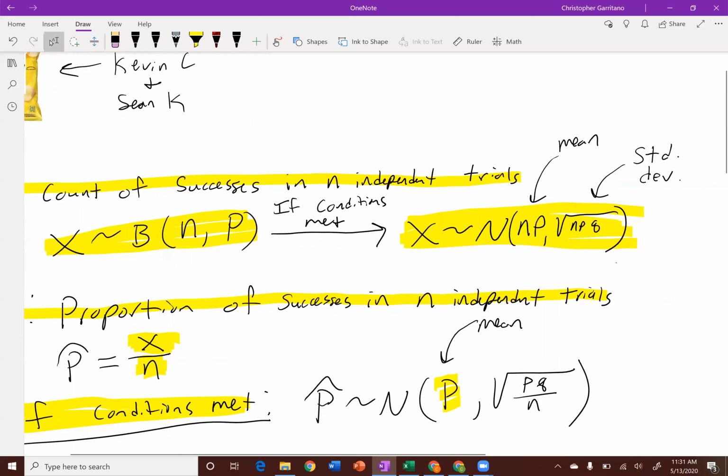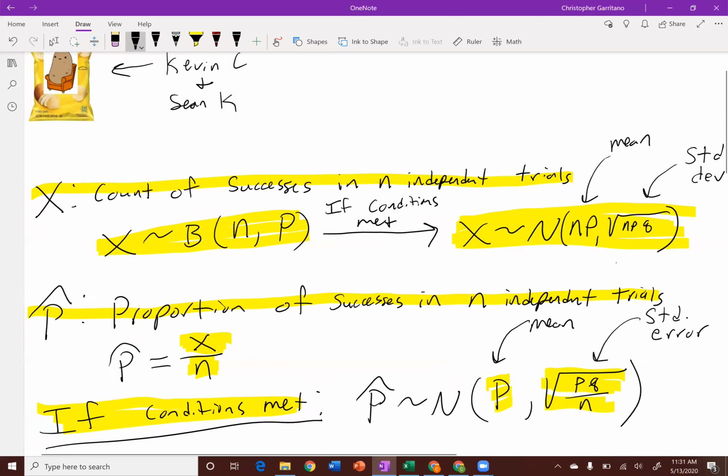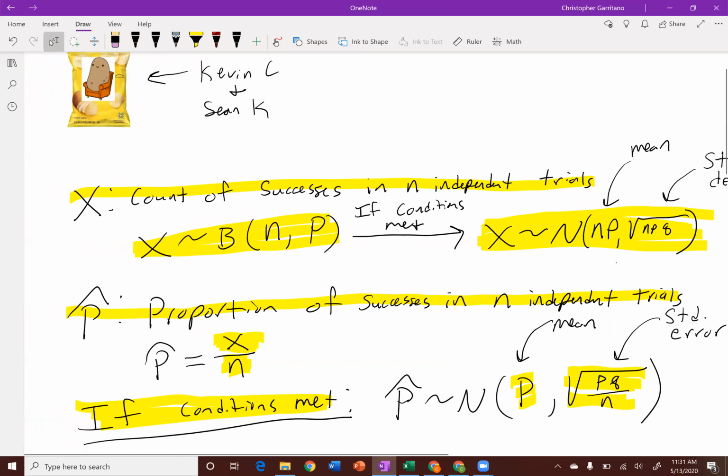And the standard deviation of the distribution of p hats, or in the context of sampling distributions, we say standard error, but it's the same idea, is radical pq over n. That's simply the standard deviation of the binomial random variable divided by n.